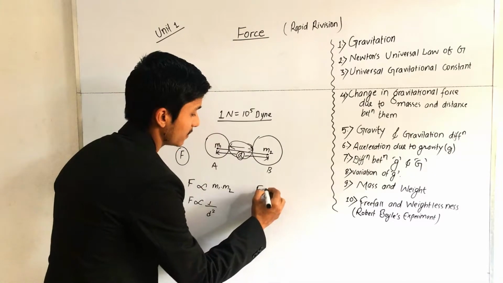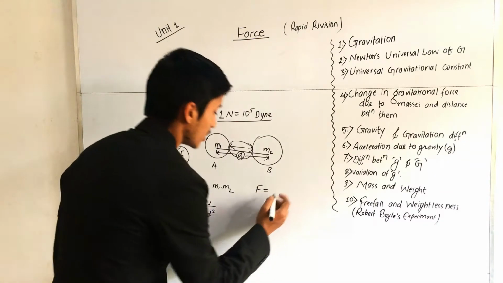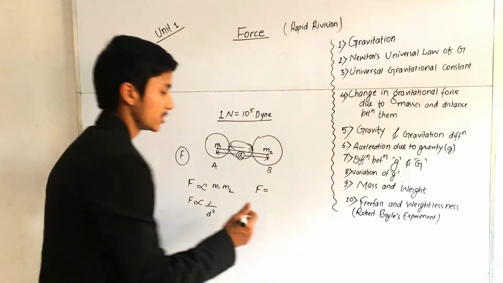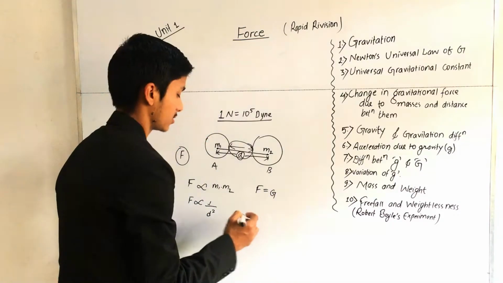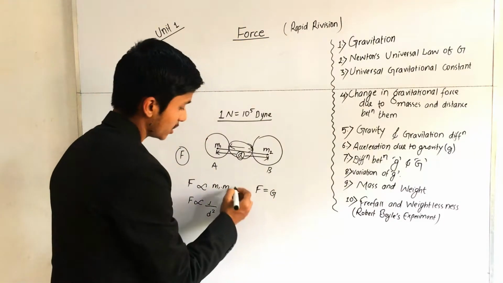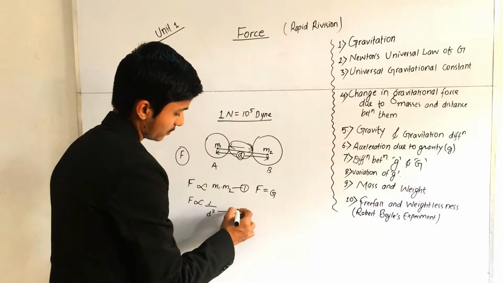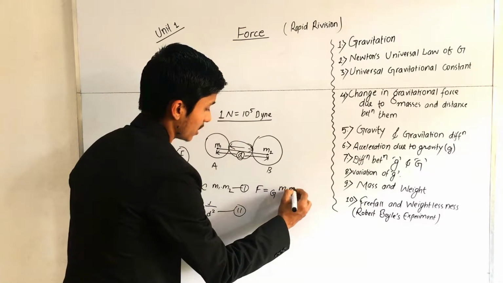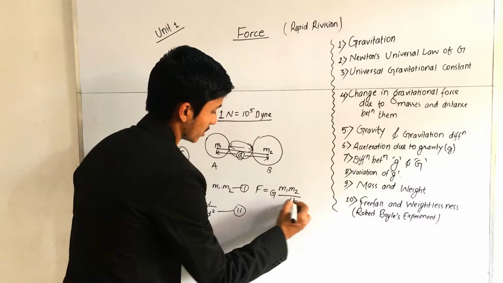When we combine these, we get the formula. Here F is equal to, we need to put a constant first, so here G is a constant. From the first and second proportionality, we write F equals G m1 m2 by d square.